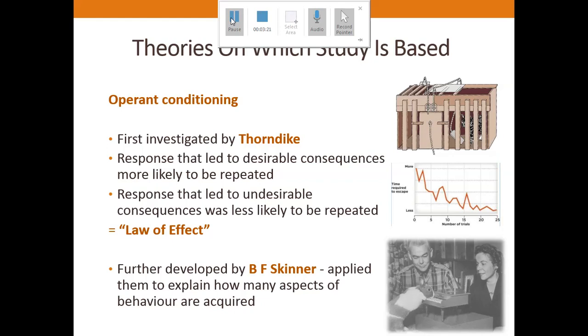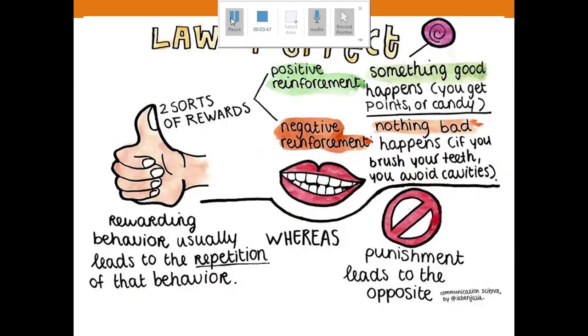And then this was developed later on by B.F. Skinner. So he was quite a famous behaviourist who tried to do quite a lot of research with animals and tried to explain how many different behaviours are acquired or learned. So you've got law of effect there.